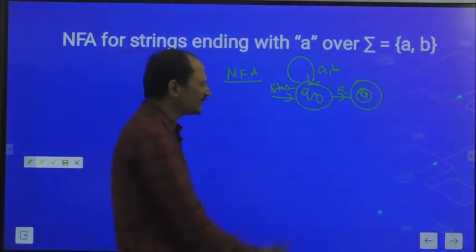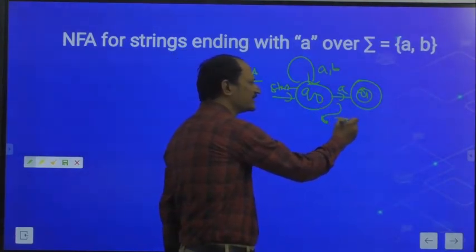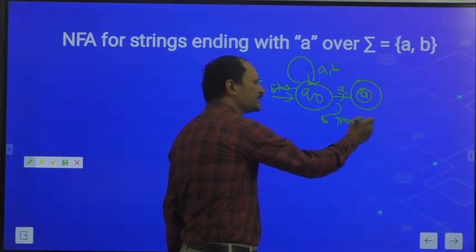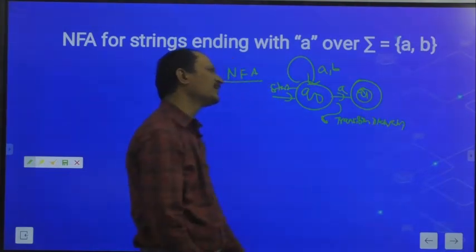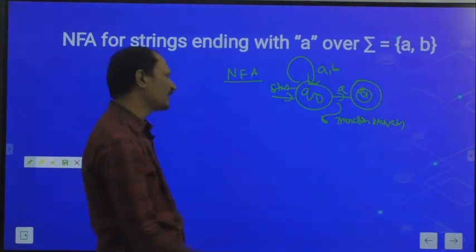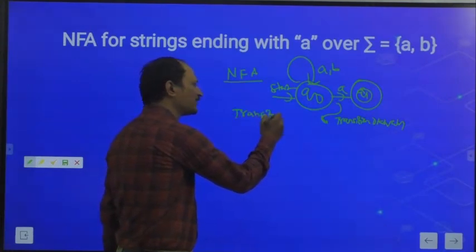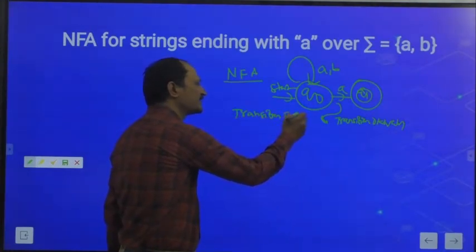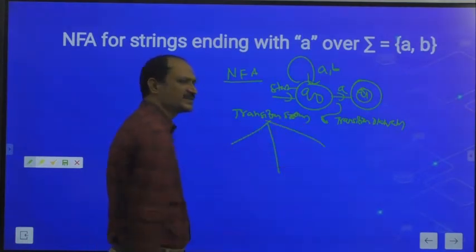This is what is called a transition diagram. I will convert this transition diagram into a transition table. Actually, we are going to have a concept called a transition system, where we have three notations for the same transition system.